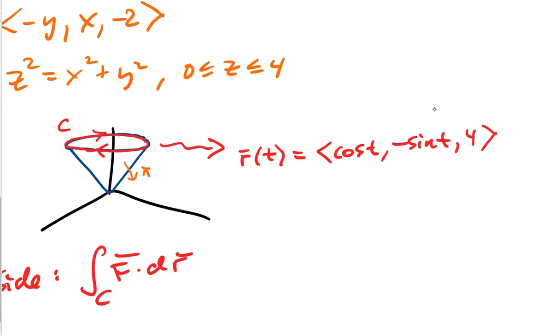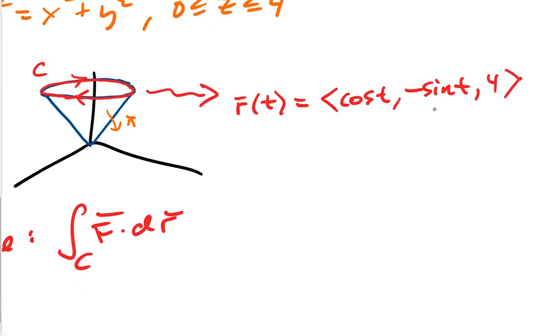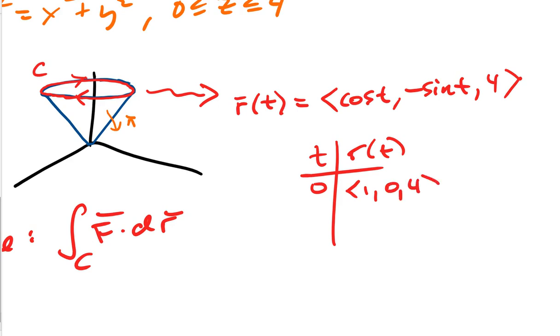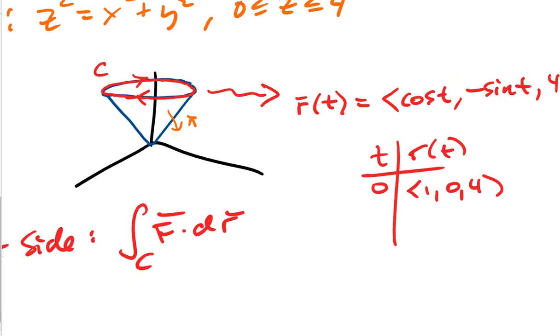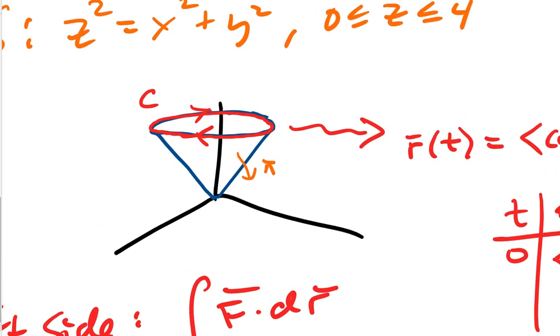So let's check that out. Let's look at t values. When t is 0, r of t is 1, 0, 4. So that would be like maybe right there.